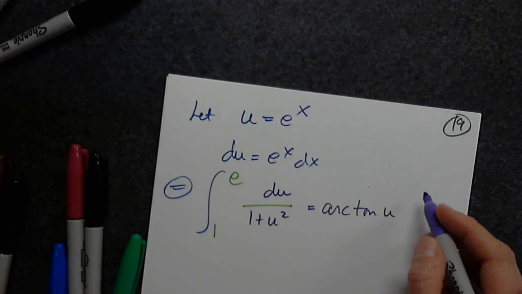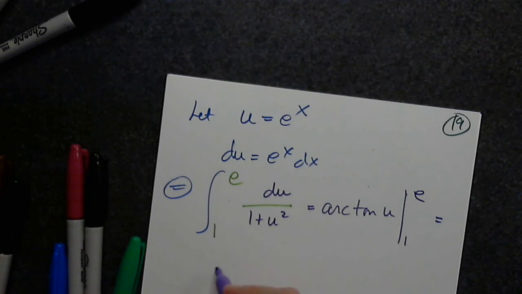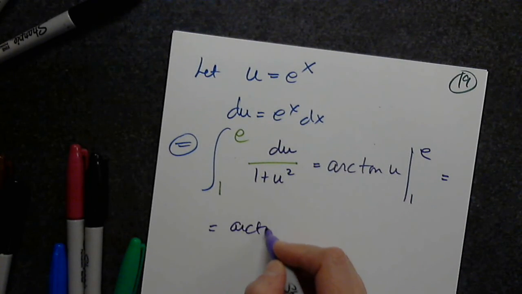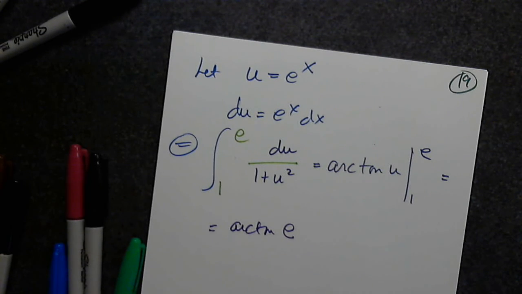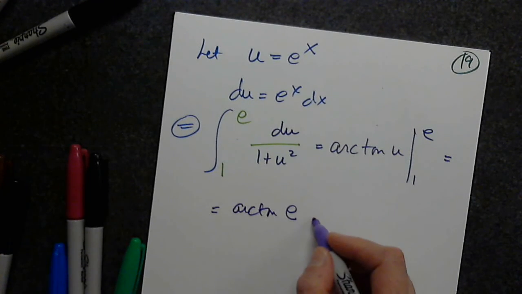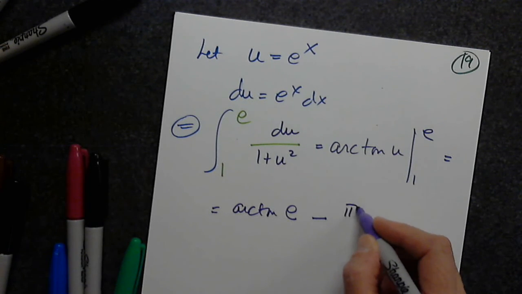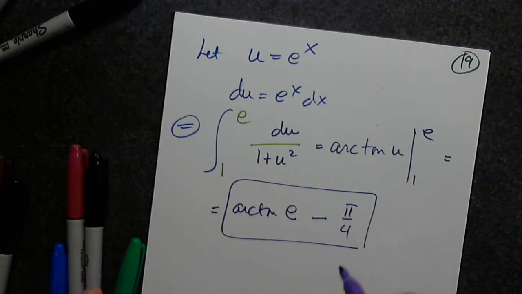Very good. From 1 to e. So this is arc tangent e, which no one can determine as an angle, but minus arc tangent 1, which angle has tangent 1. We talked about it today. That's it. And you don't have to go back.